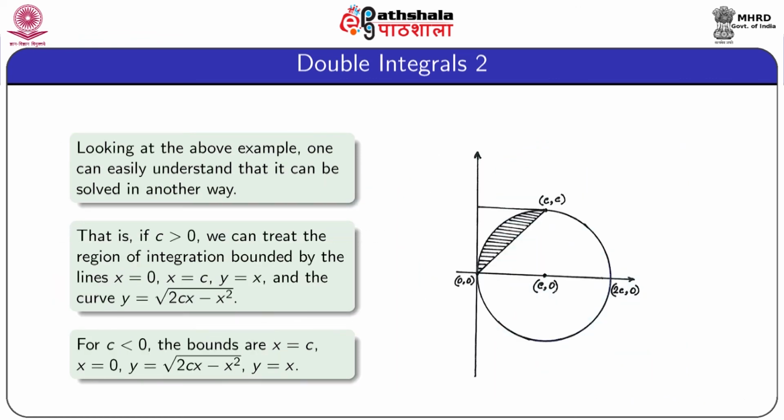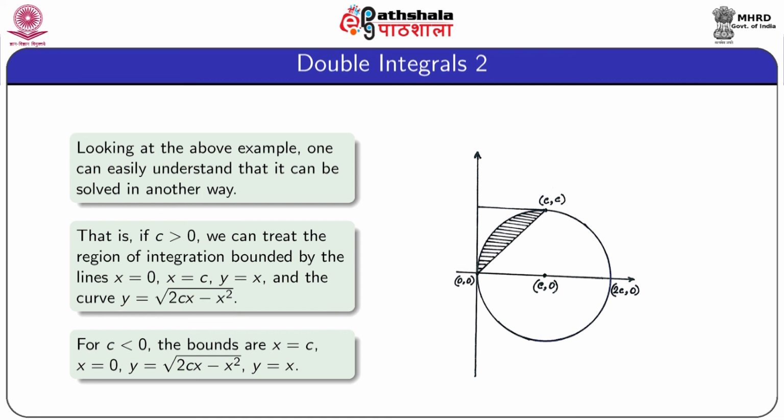Looking at the above example, one can easily understand that it can be solved another way. That is, if c is greater than 0, we can treat the region of integration as bounded by the lines x equal to 0, x equal to c, y equal to x, and the curve y equal to root over 2cx minus x square.